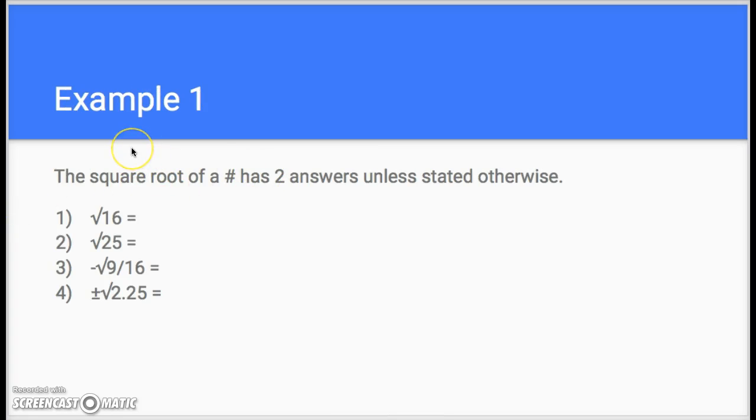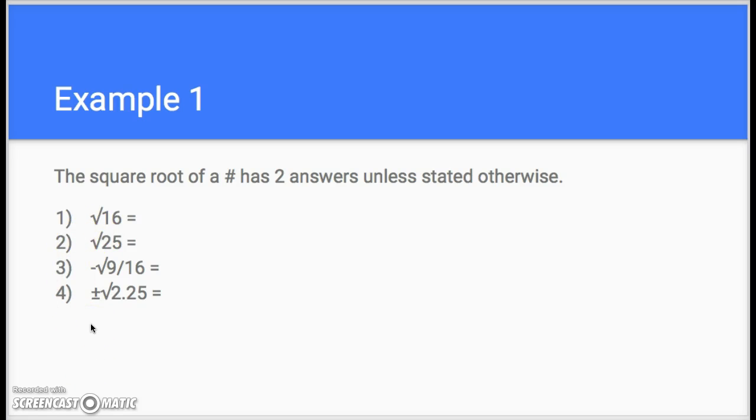Before we jump in, the square root of a number has two answers unless stated otherwise, and you're going to see why here in just a second. Two answers. You're used to just seeing them have one answer, and it'll make more sense as we get into it. So the first one, the square root of 16.